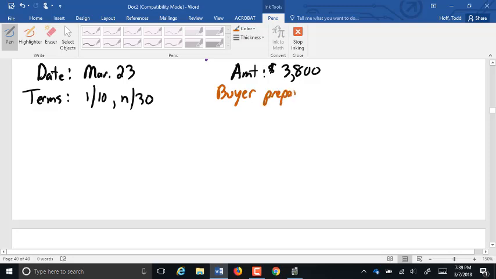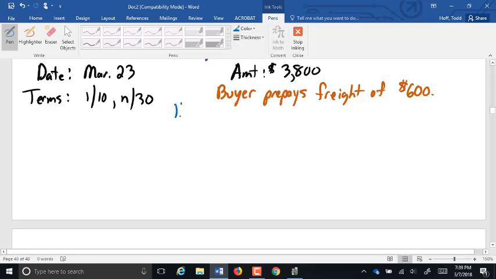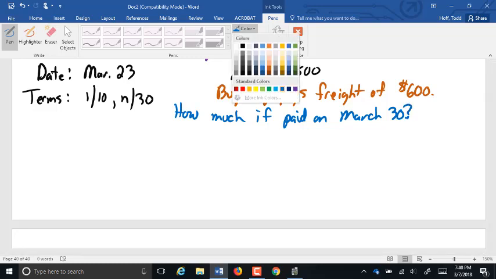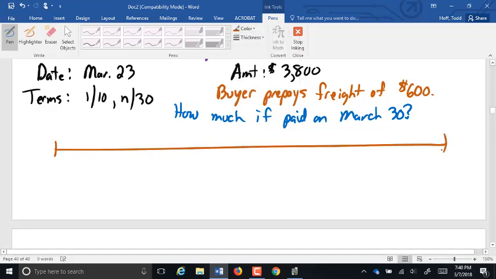Buyer prepays freight of $600. How much is paid if paid on March 30th? Well, our timeline starts on what date?